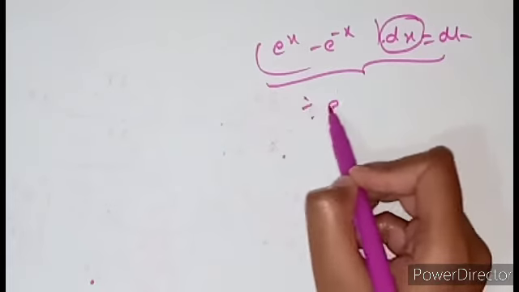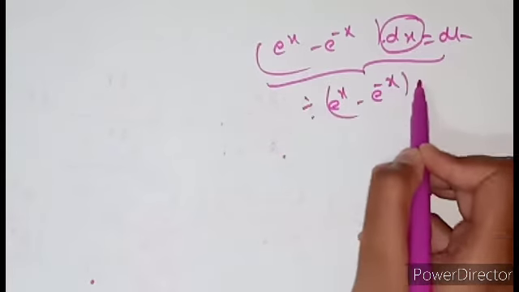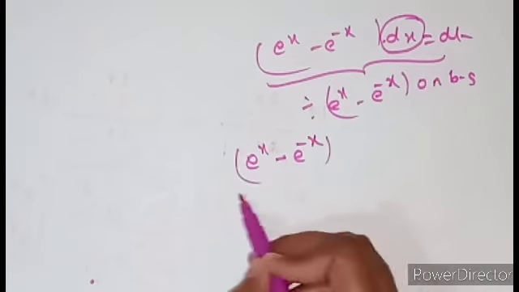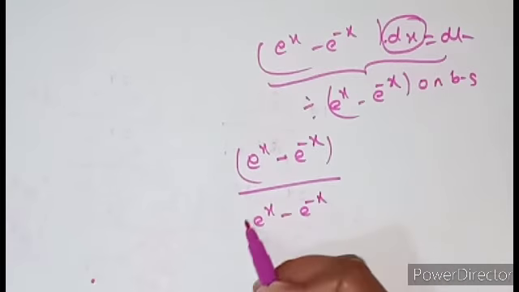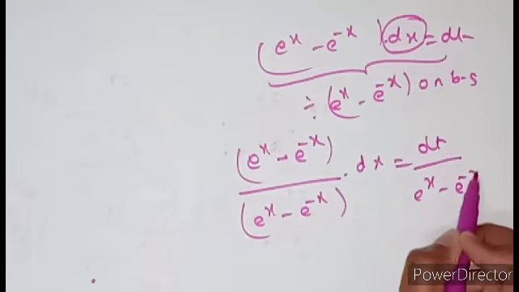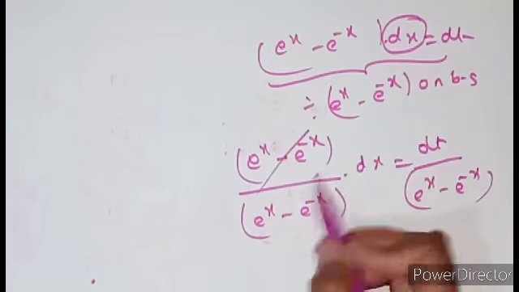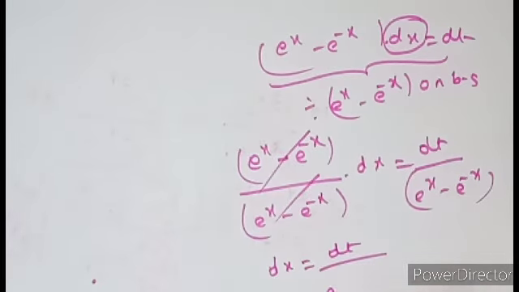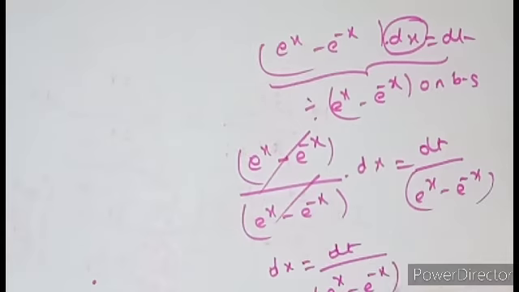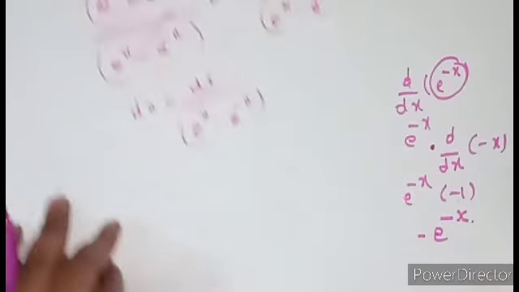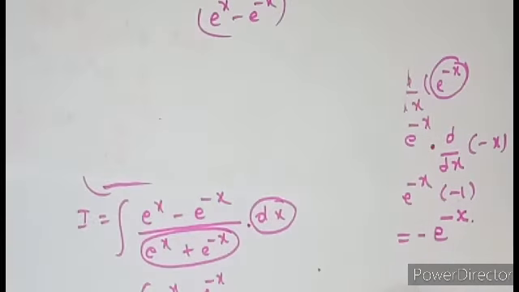So if I divide, (e raised to x minus e raised to minus x) dx upon (e raised to x minus e raised to minus x) equals dt upon (e raised to x minus e raised to minus x). These two functions get cancelled, so we are left with dx equals dt upon e raised to x minus e raised to minus x. So substitute this value here. So dx is dt upon e raised to x minus e raised to minus x.